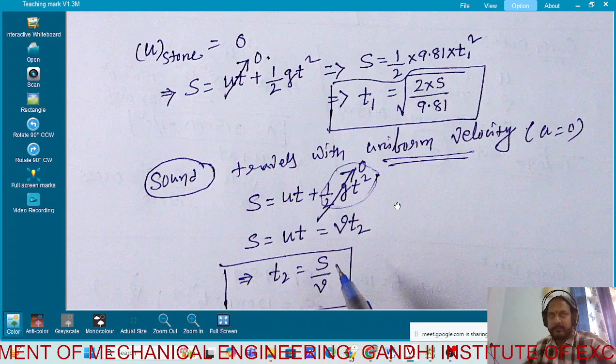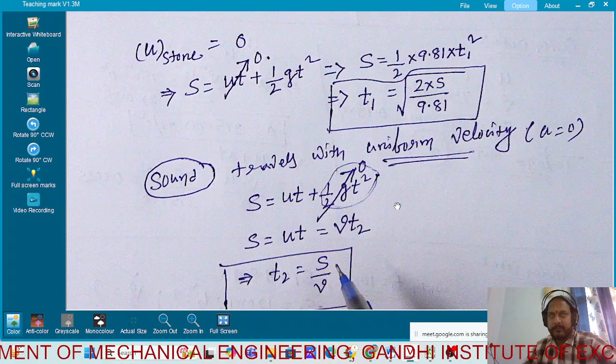Understood this, all of you? Yes, this is a quadratic equation. You simply put it in your scientific calculator and you'll get the answer. Don't solve it manually.